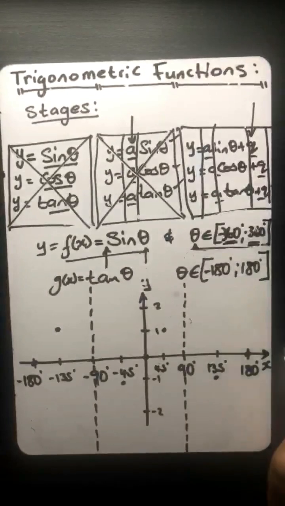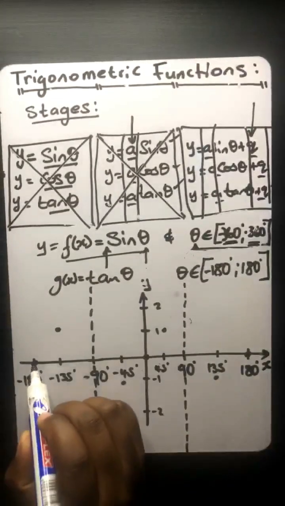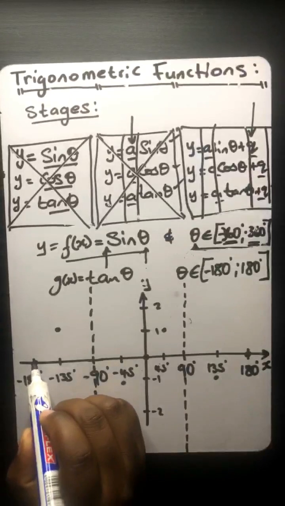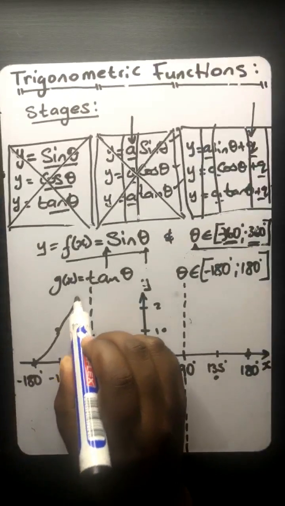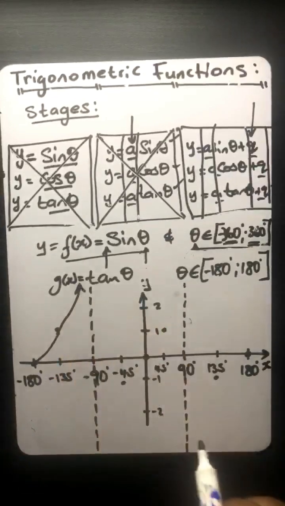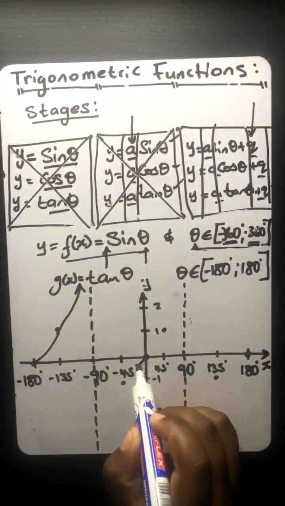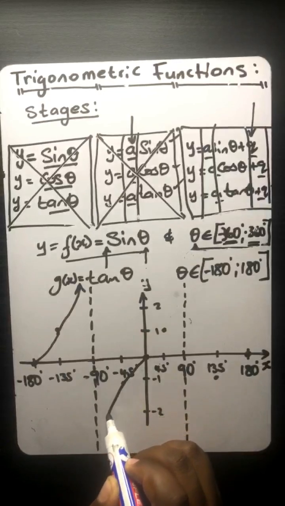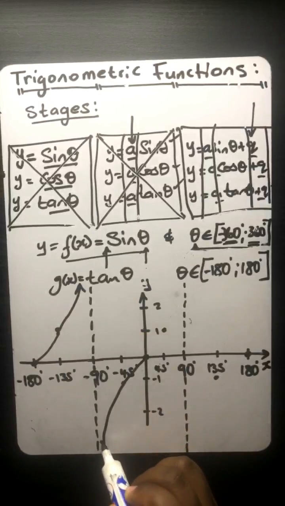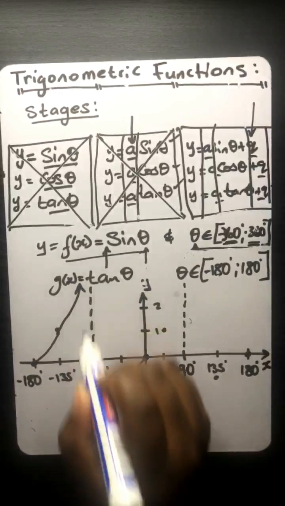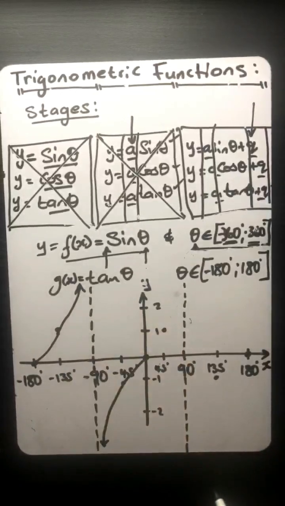So can you now see, Matapelo, that from that point you now know where to go? That means you go in that direction. And then you can see, you just connect the dots. From there, you know you go in that direction. And remember, your line must never touch this. If it touches that, it's wrong.